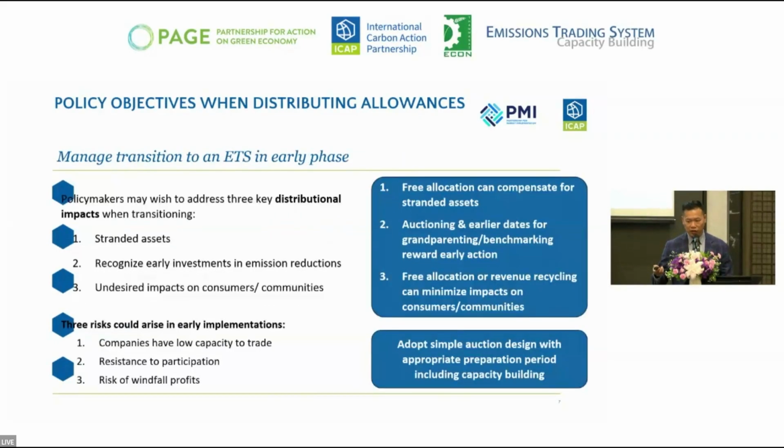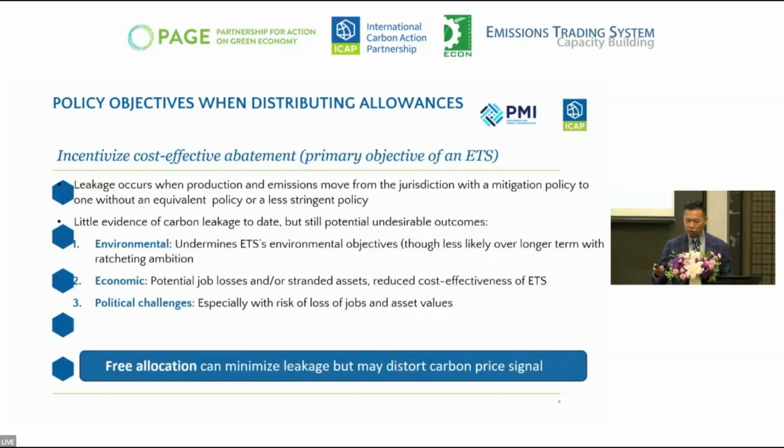But of course, that can also cause some leakage problem. I think the title is a bit wrong between two slides, but the previous one was about how to give the incentive. We need a real cost, and auctioning can provide this real cost, real pressure.